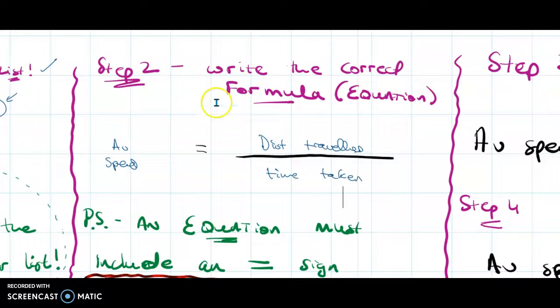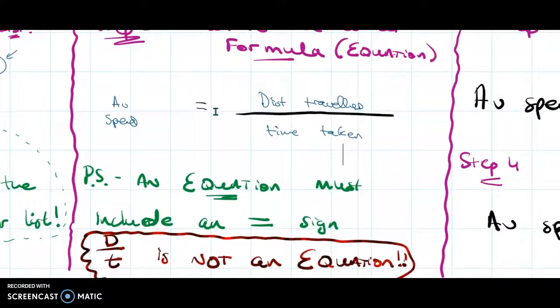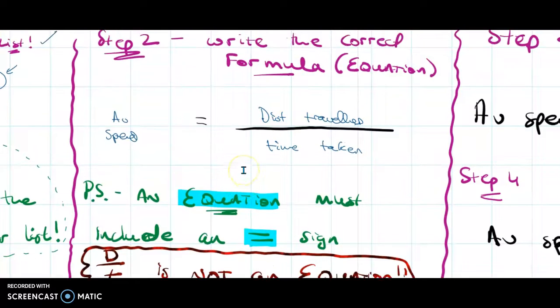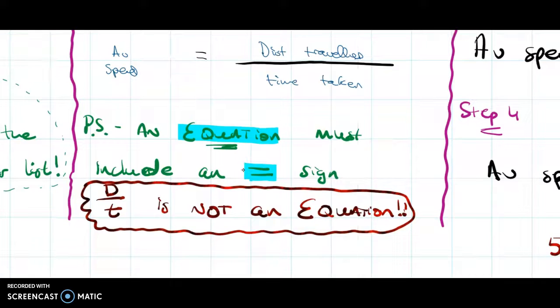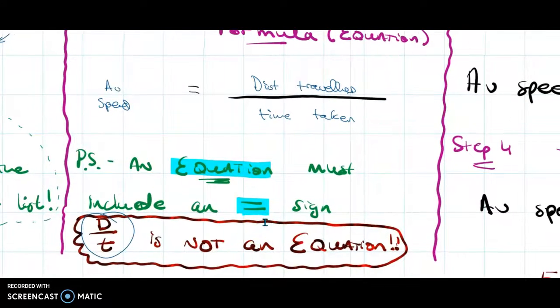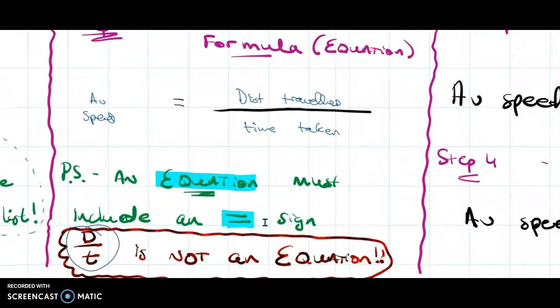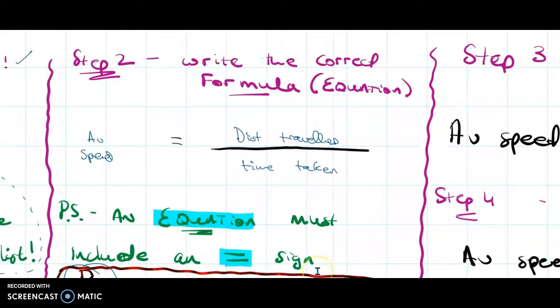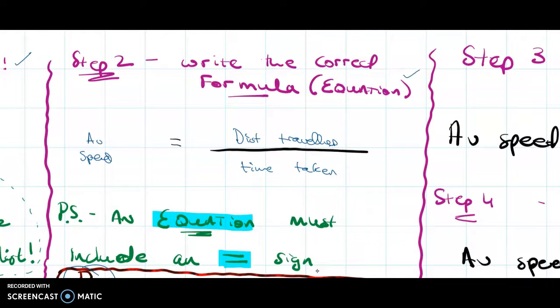Now, it's important to note at this point that the word equation has got an equals in it, okay? So it should have one thing on one side and another thing on the other side. In other words, d over t is not an equation, that's half an equation. So try to get into a good habit with this, have whatever's on the left equal to whatever's on the right. So that's step 2, I've written my formula or my equation, tick.